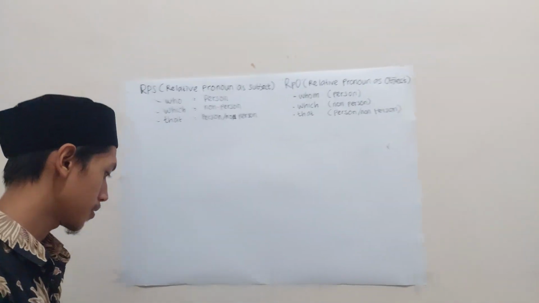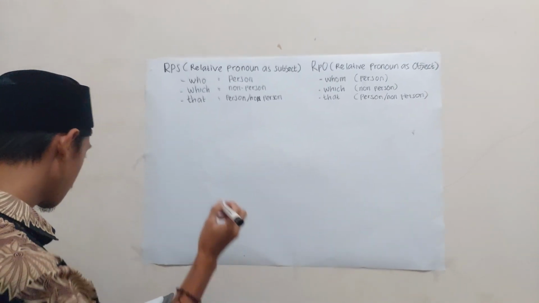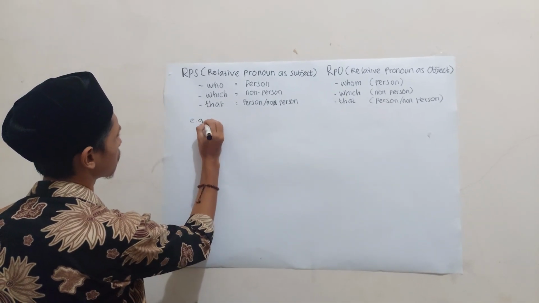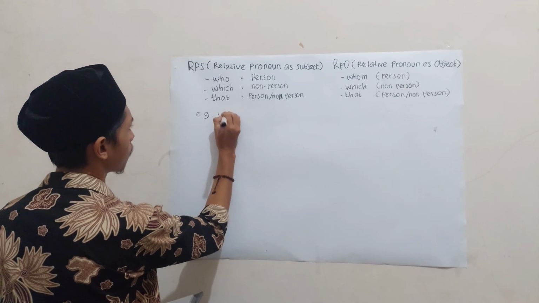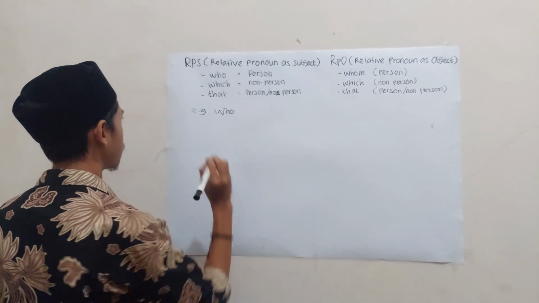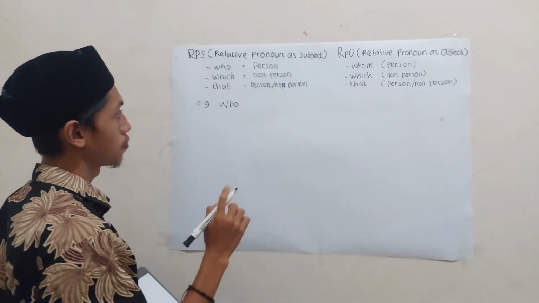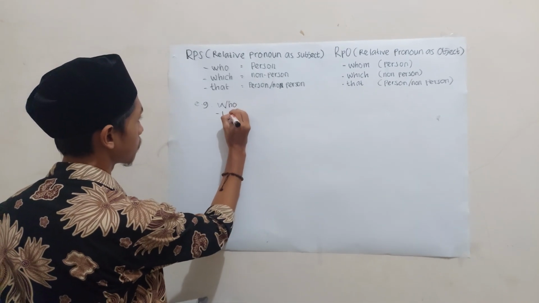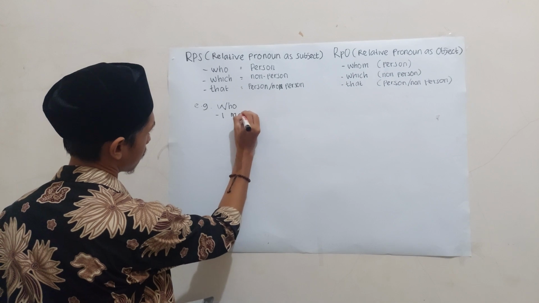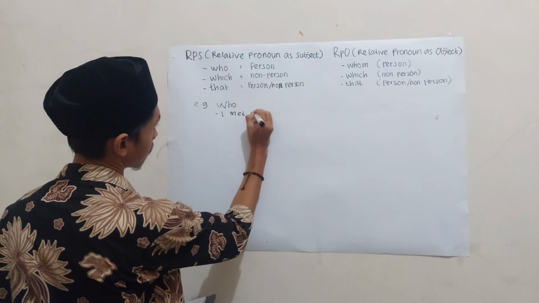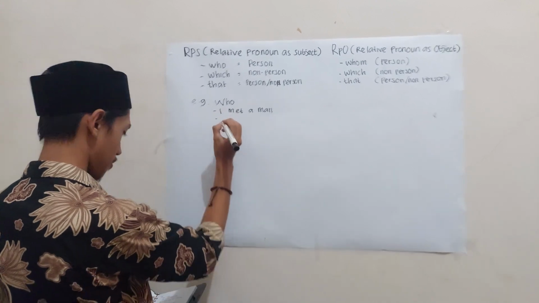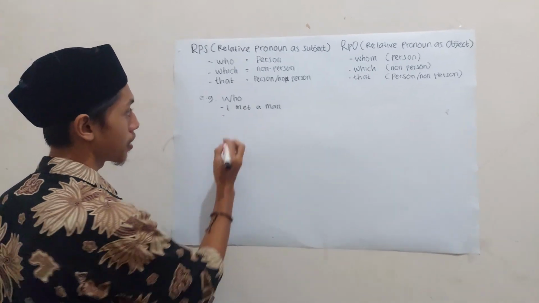They are flexible. So for example, who. The first sentence, I met a man. And the second, a man is kind to everybody.